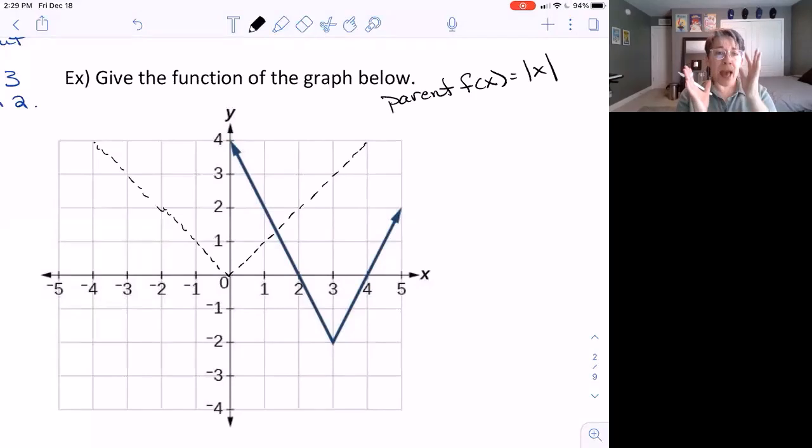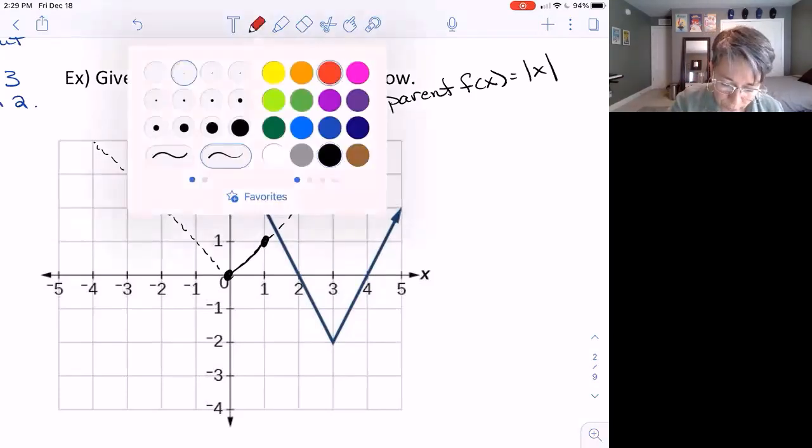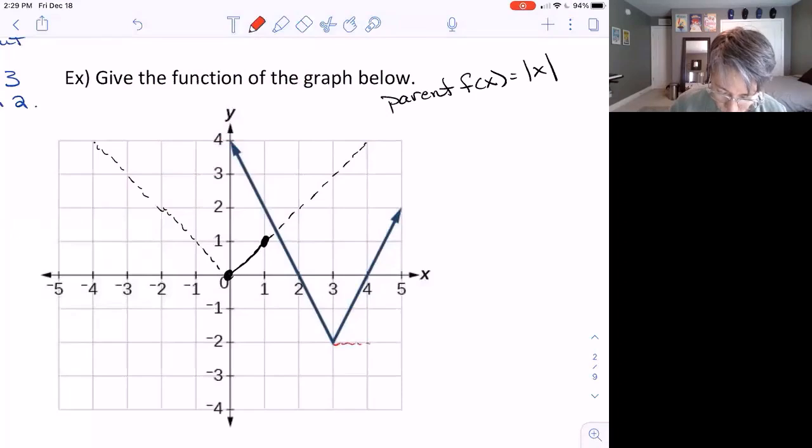But then we also look at whether or not this guy has been stretched or compressed. Well, looking at the original V, it definitely looks wider than the second V to the right. So notice in the original parent function, it goes over 1 and up 1. But in this new function, it goes over 1 and up 2.